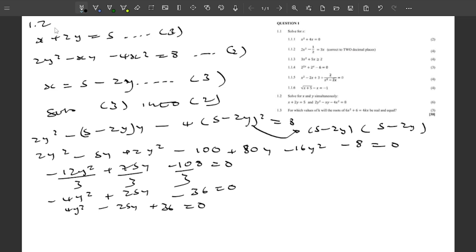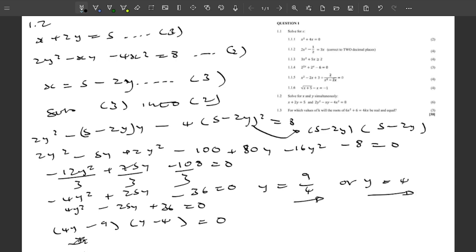Now it looks simple. You can start to factorize it, and you're going to end up with 4y minus 9 and y minus 4 is equal to 0. And from here, we know that our y value is going to be 9 over 4, or y is equal to 4.